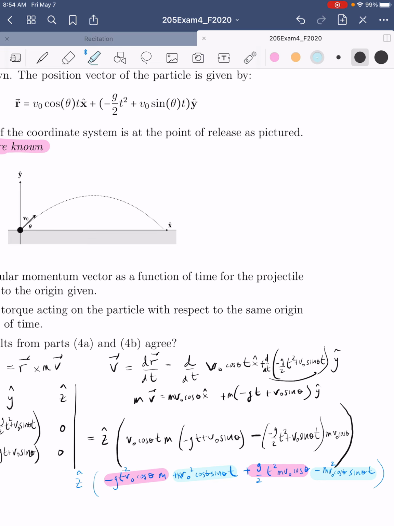Nice. So those blue ones will exactly cancel, and the pink ones, this will be minus 1 plus 1/2, or minus 1/2 of that quantity, g t squared v naught m cos theta.